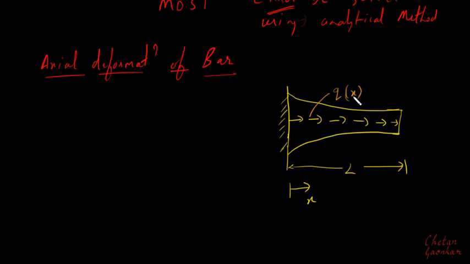This x in the bracket tells you that this distributed load varies with respect to x, and let it be subjected to a point load at the free end of this bar. This is our direction of x, and the area is also changing with respect to x, and let the material property of this bar be E, which is Young's modulus.